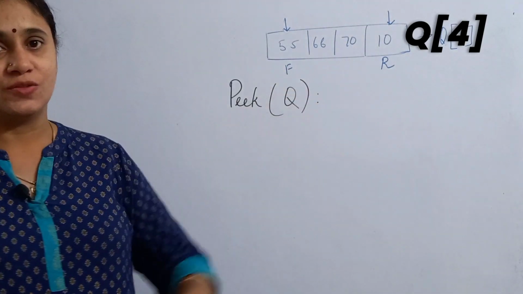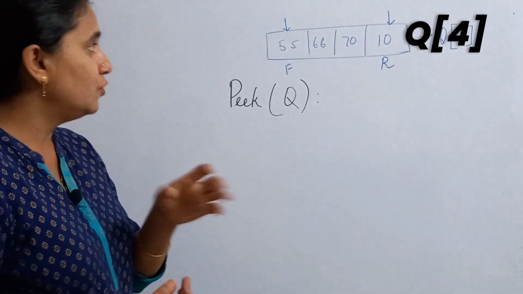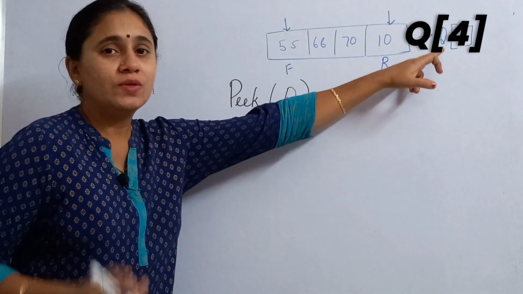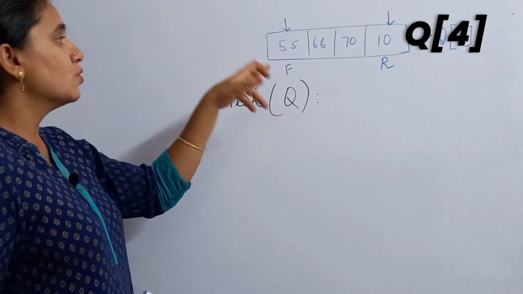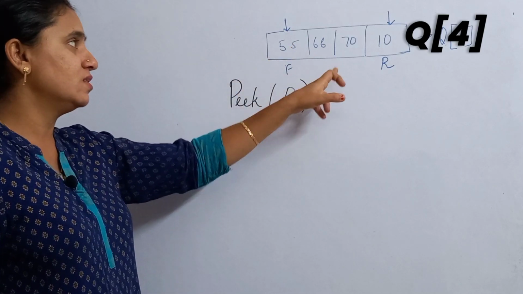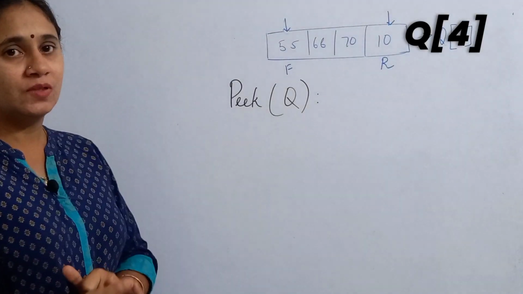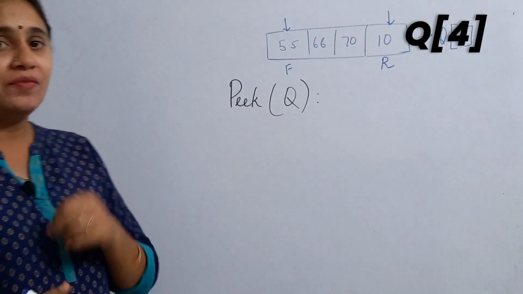For instance, I have drawn this Q data structure. The name of the Q is simply a Q variable. It is an array variable. I have inserted some elements. They are 55, 66, 70 and 10. For example, I am giving peek of Q. What will it retrieve?